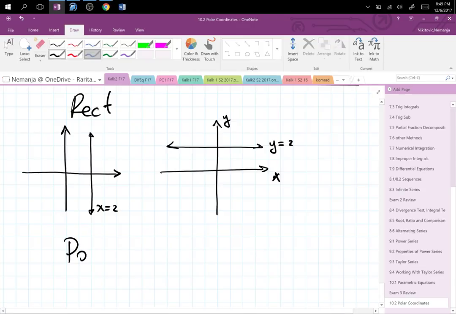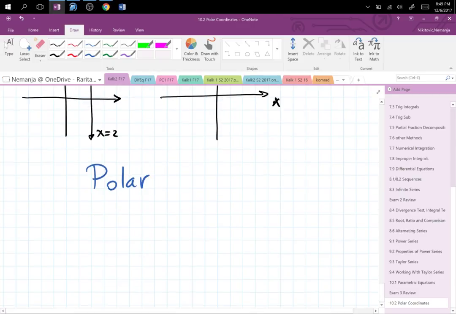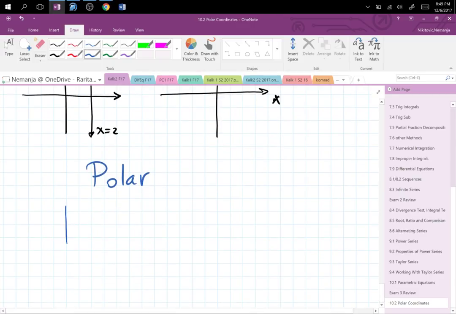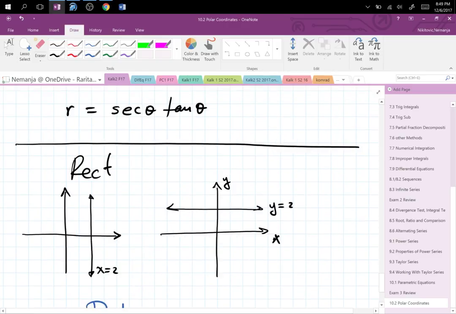Now, the polar world has the following. In polar, we have the easiest, right? Guys, you see that the rectangular world is x comma y, so I just set x equal to something and I get the vertical line.